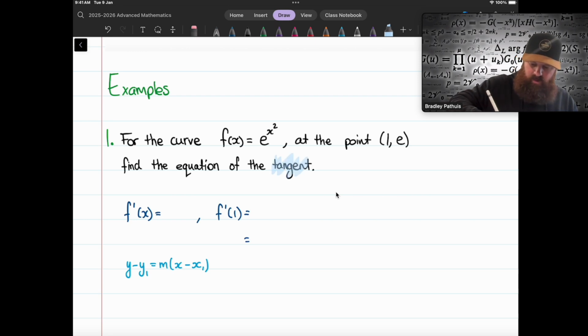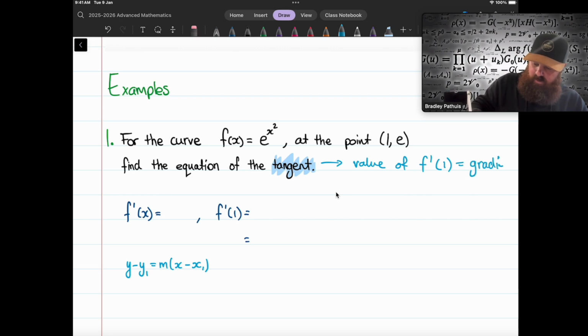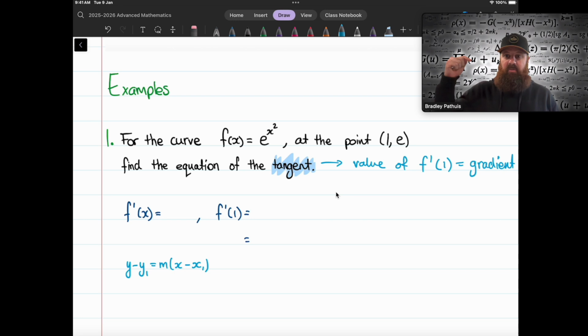Right, so tangent means we want the value of f dash at 1, because that will become the gradient of our tangent. So let's go through. We've got f dash of x equals, well, the derivative of e to the x squared is the derivative of x squared multiplied by e to the x squared.